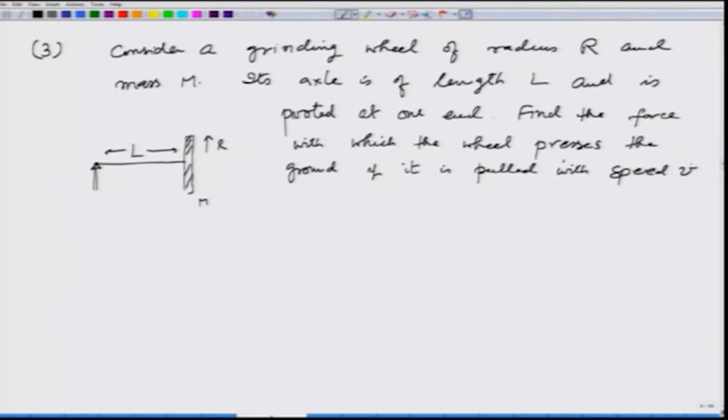So, what we are saying is, at the given position, the wheel is going into the page or coming out of the page, does not matter. Let us say it is going into the page with speed v, then we are claiming that this is going to press out here by little more force than its own weight.